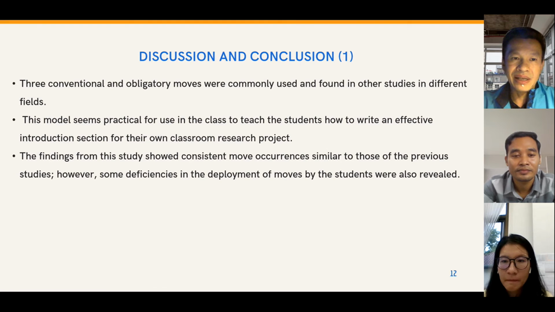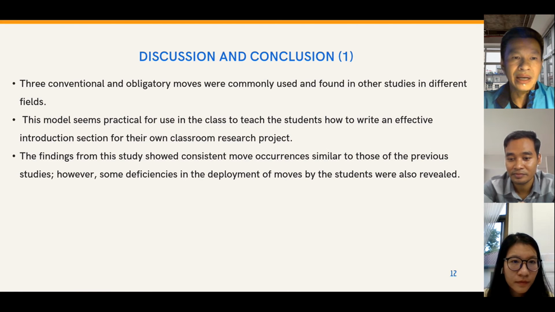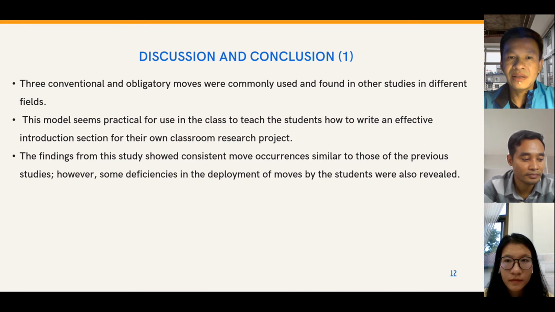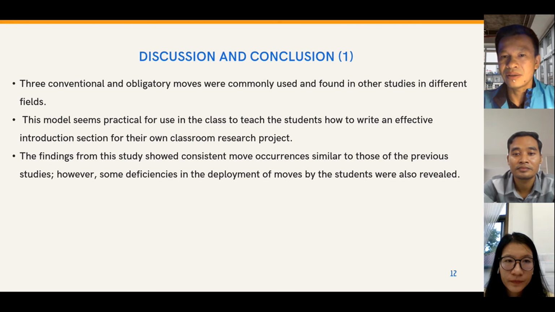And it can be seen that this three-move structure model is practical for use in class for teaching students how to write an effective introduction for their own classroom research projects. However, the findings from this study also show consistency of move occurrences similar to those in previous studies, but some deficiencies can be seen in the deployment of the moves by our students.